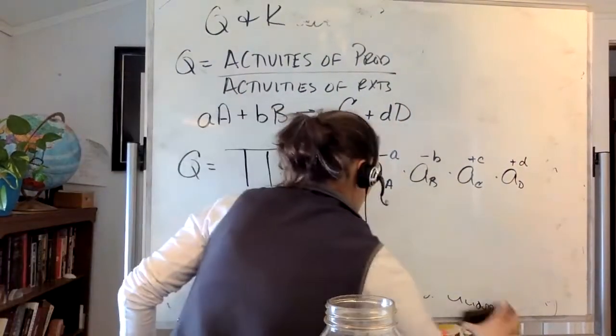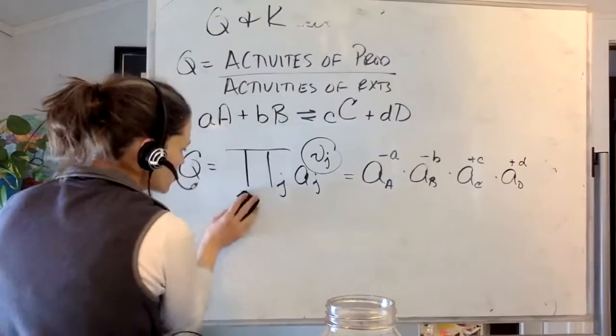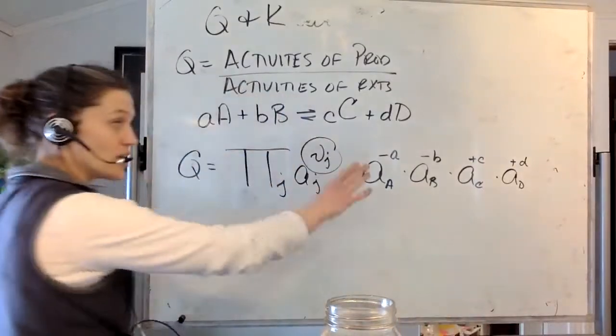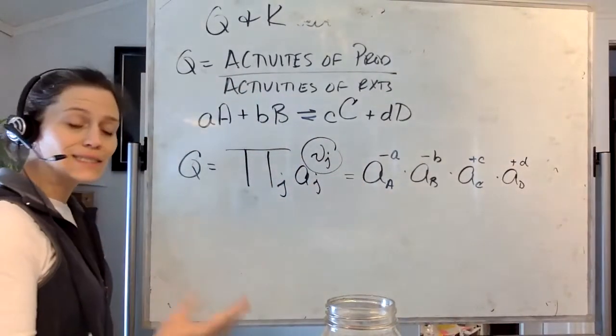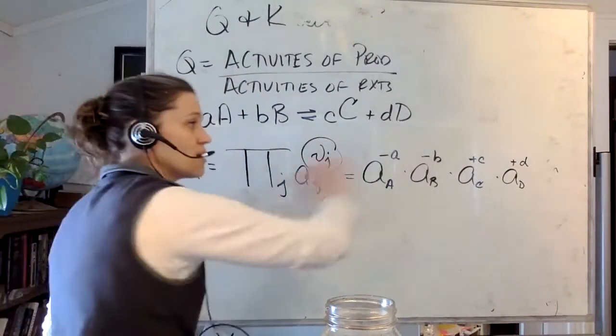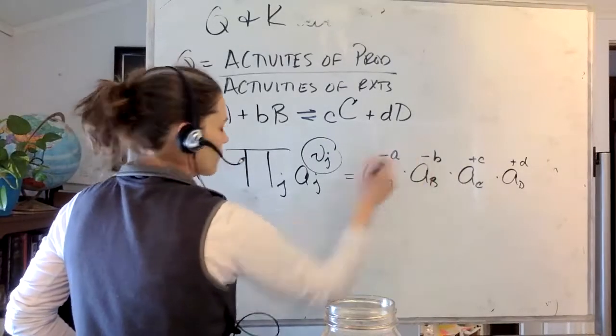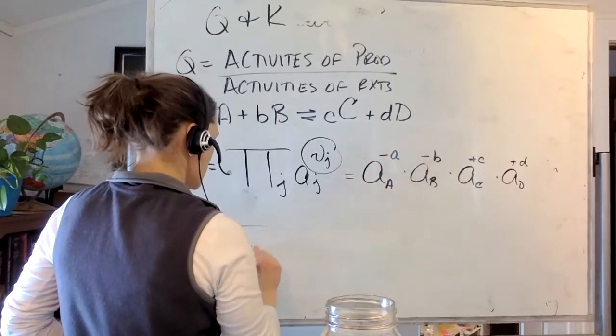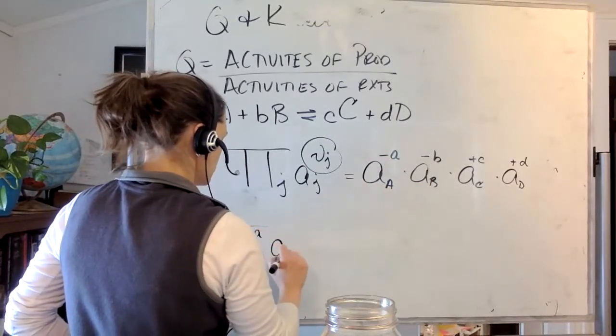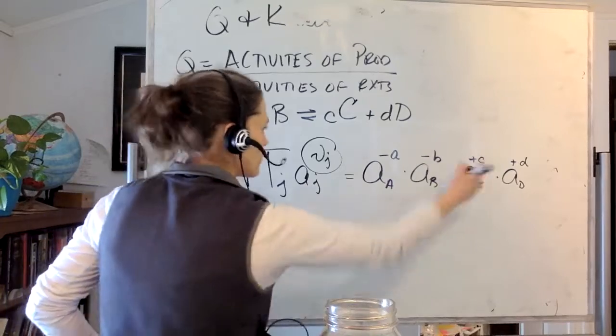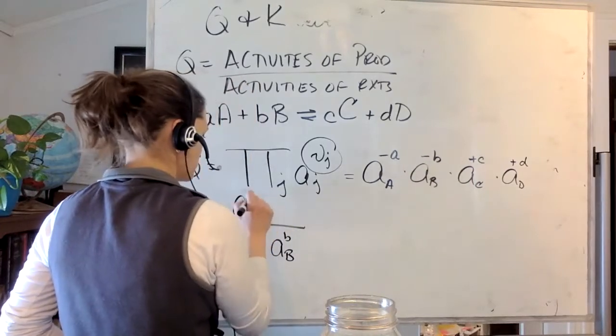Okay? So this is the appropriate full notation of what the reaction quotient is. Anything with a negative exponent means it is in the denominator, and if it's positive, it is in the numerator.